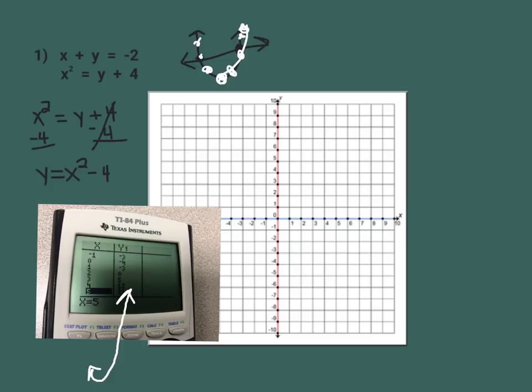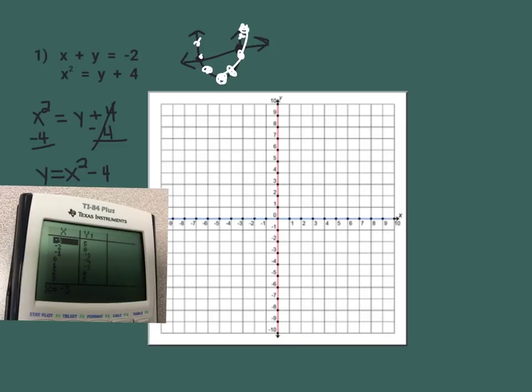So what I'd like to try to do, we can see that this negative 4 right here is the lowest y value that we're going to have on our graph. So I want to take that negative 4 and put it right in the middle of my table. You may have to use the up and down arrow key. But if you notice now, see this negative 4?